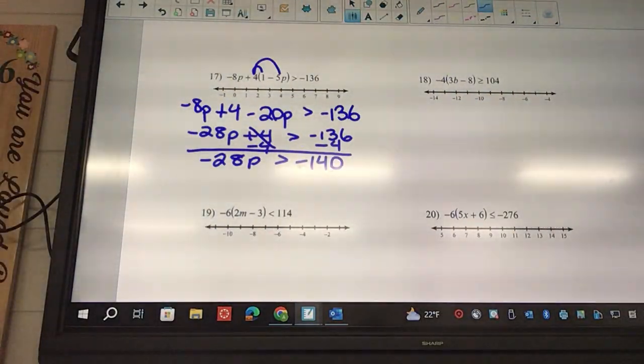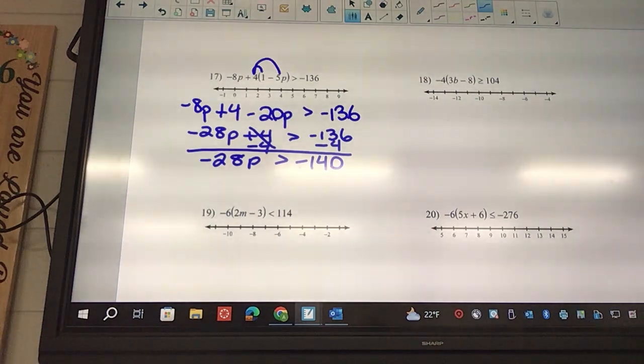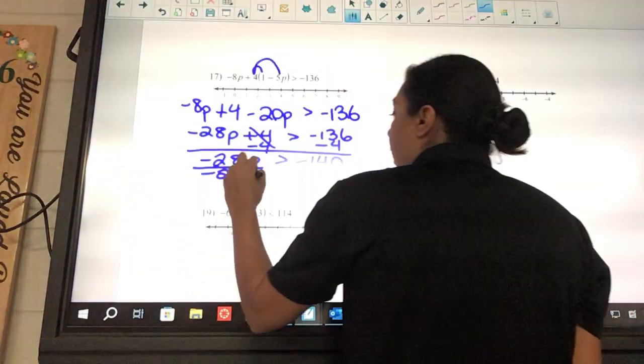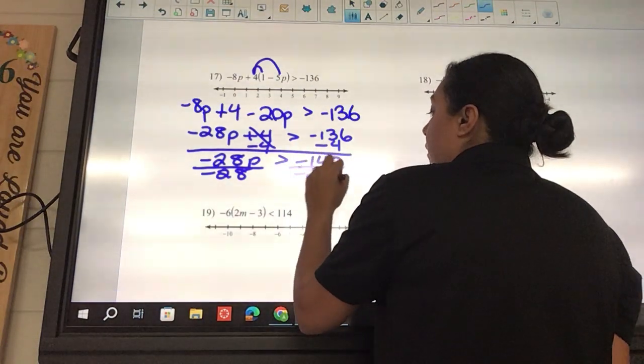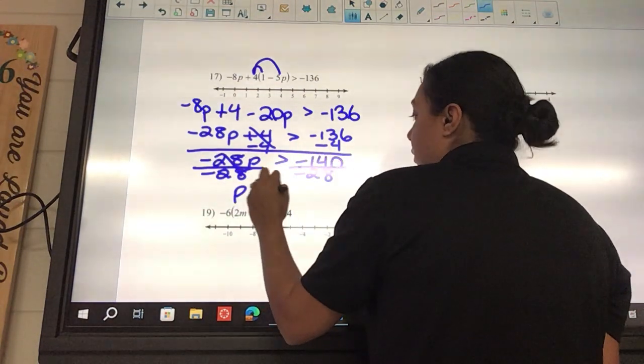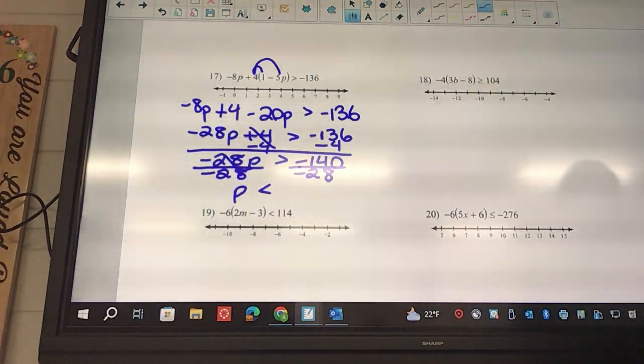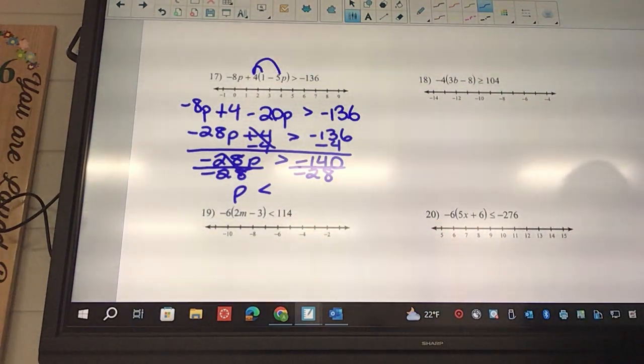Okay, then how do we break up that couple? Divide by -28. Do we need to flip our sign? Why? What's negative? The 28 is negative. Okay, what is -140 divided by -28? 5? Somebody agree with that?